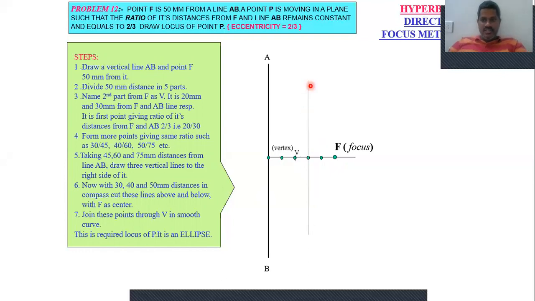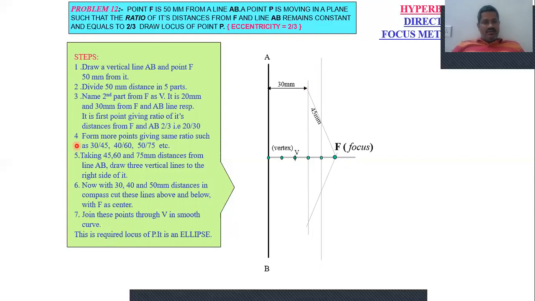You will get an intersection point here, and another intersection point at the bottom of the focal line. This is exactly 45, and as I said, this vertical line is at a distance of 30. Take a 45 mm radius in the compass, and with F as center, intersect this vertical line up and down.